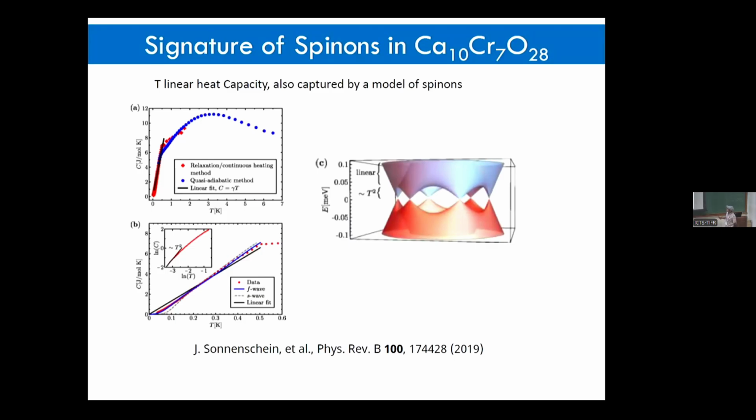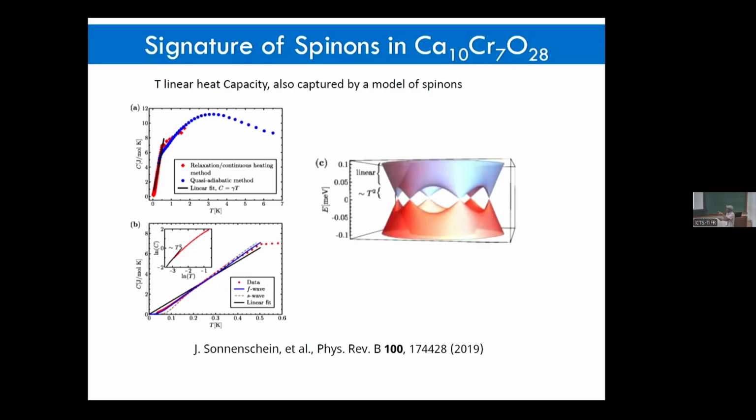And the heat capacity measurements again down to 20 millikelvin. At low temperature it shows a linear temperature dependence over almost one decade in temperature. But at the lowest temperatures, if I plot it on the log scale, I see that the heat capacity falls lower than the linear dependence. So what they have done is, the initial model was of free fermions.